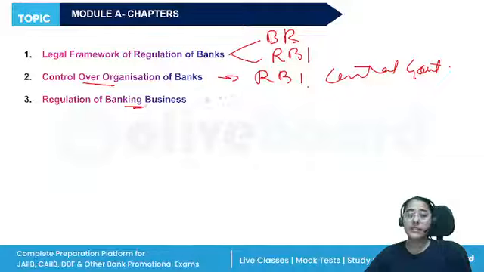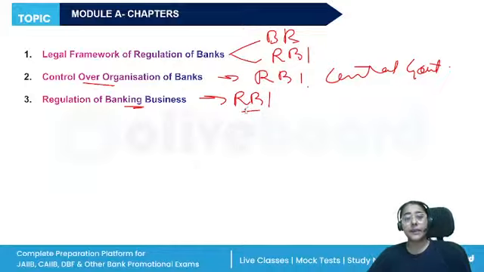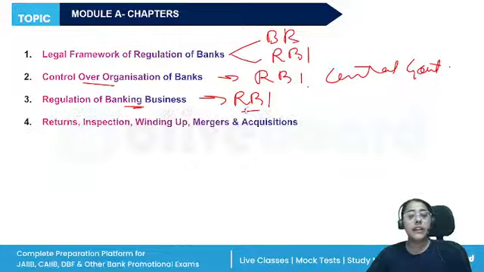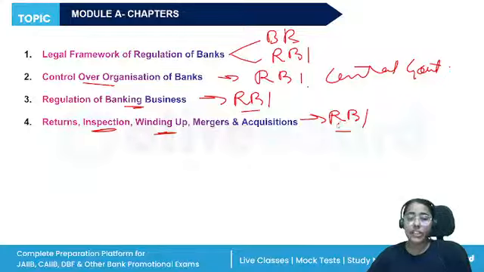Regulation of banking business, again RBI, the various sections under the RBI Act, the paid up capital requirements, authorized capital requirements, deposit to be kept, returns, inspection, winding up, again under the RBI Act. Any scheme for amalgamation is to be made by RBI.